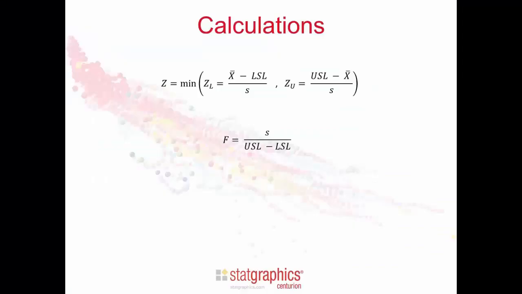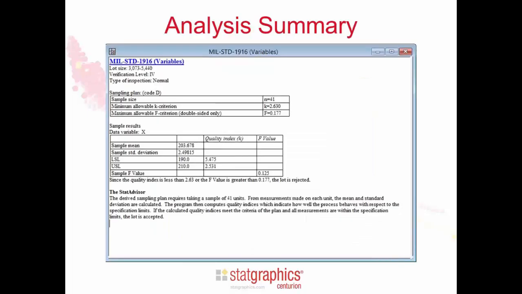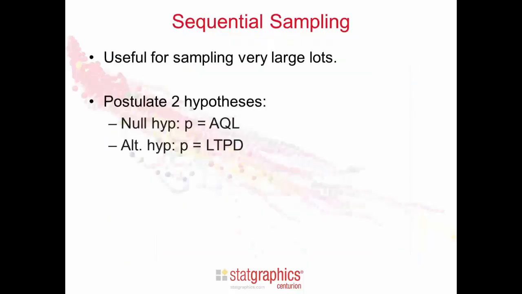Good. Now, one more type of acceptance sampling I want to talk about, and that is sequential sampling. Sequential sampling is very useful if you're sampling very large lots. 5,000 is pretty large. But the way sequential sampling works, it's actually quite similar to the OC plan that I started this webinar with.